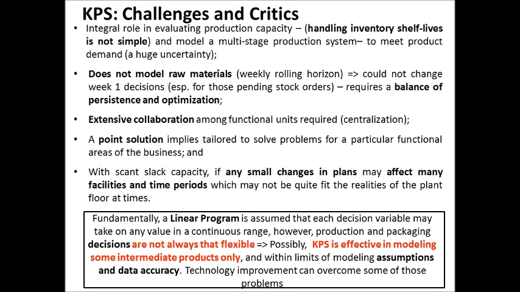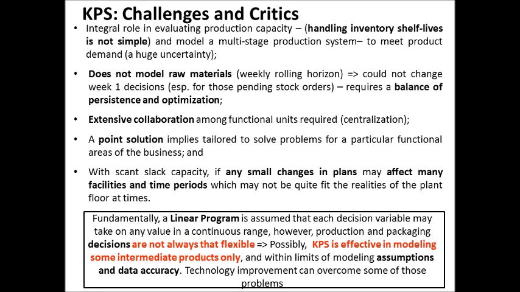Fundamentally, a linear program assumes that each decision variable may take on any value in a continuous range. However, production and packaging decisions are not always that flexible. Possibly, KPS is effective at modeling only some immediate production, set in a weekly rolling horizon, but KPS does not model raw material as such.